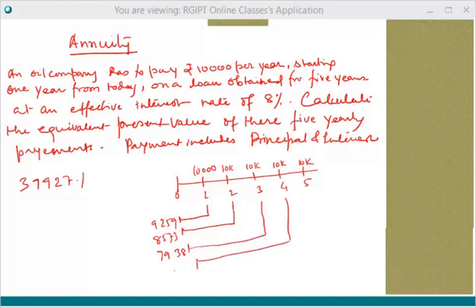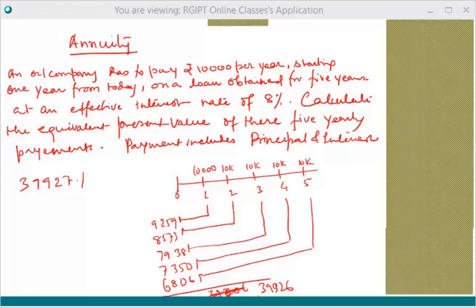And you got this 0. And this one you got 6806. And then you summed it up. So 39926, or 927. So whatever these numbers you got.